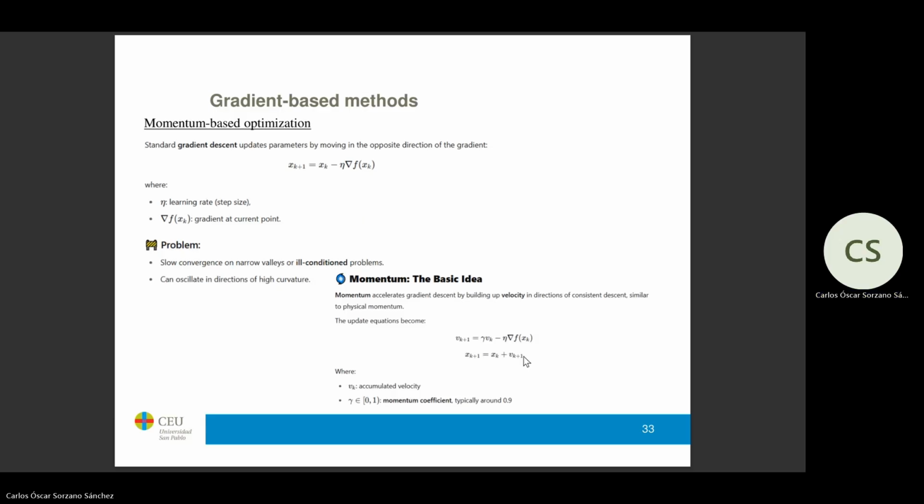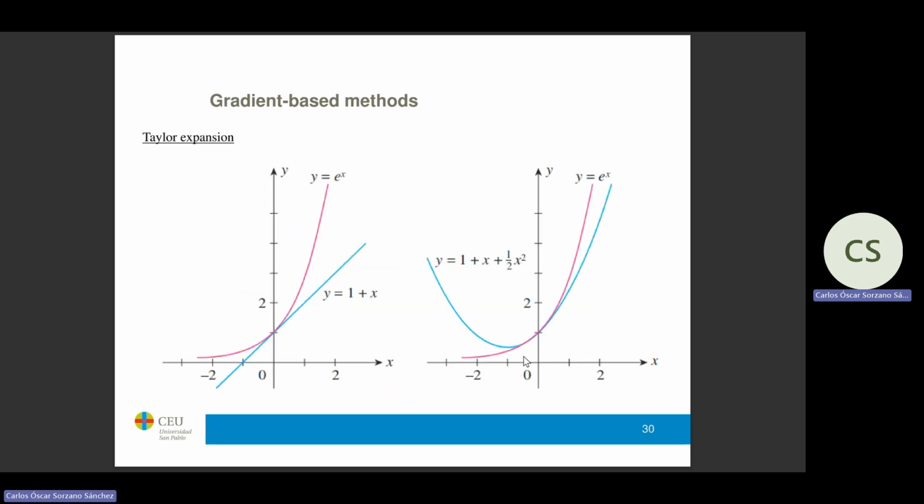Actually, have you heard of Adam, this method for neural networks? Adam is currently, I'd say, one of the standards to minimize the weights in neural networks, and the M in Adam is for momentum, and the ADA is adaptive. Somehow it is a mixture.